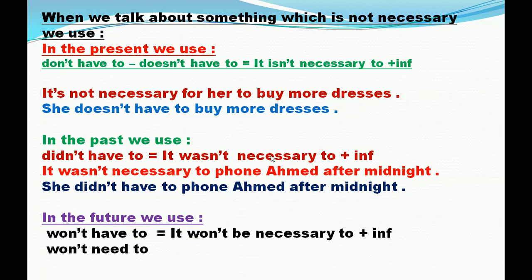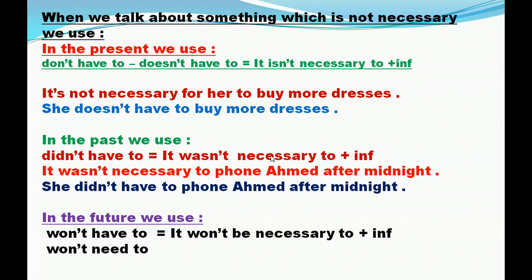When we talk about something which is not necessary, in the present, we use don't have to or doesn't have to. Don't have to or doesn't have to means it isn't necessary to do something. For example, it isn't necessary for her to buy more dresses. This means that she doesn't have to buy more dresses. In the past, we use didn't have to.